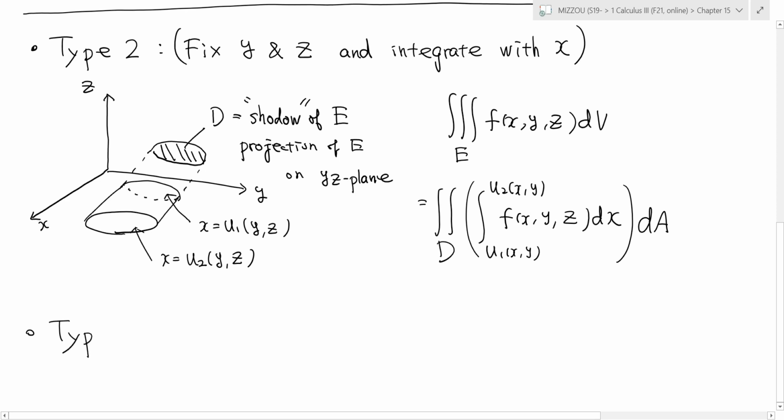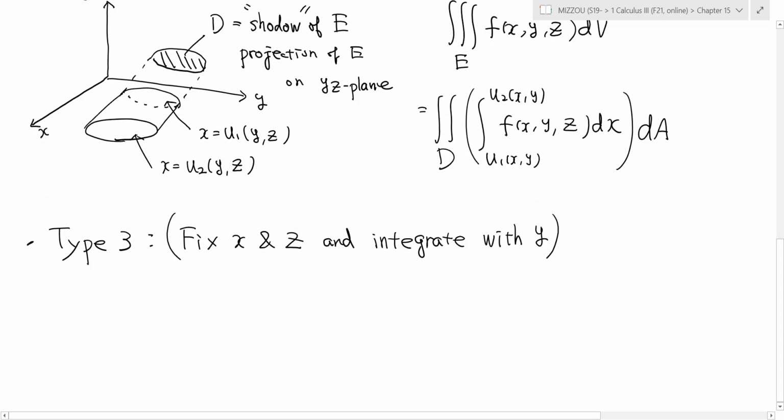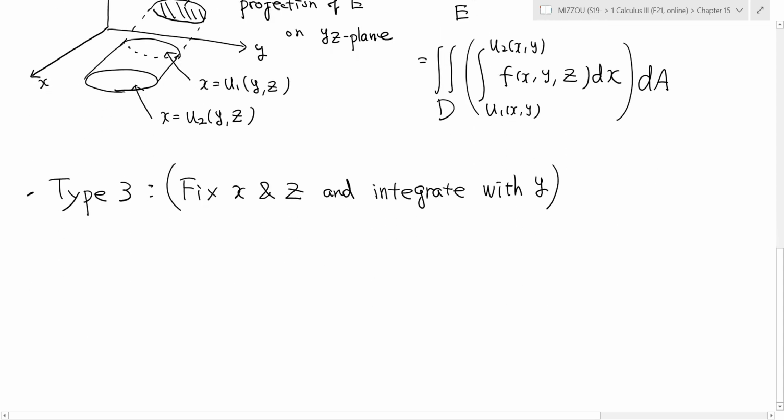And then finally, the type 3 scenario is when you fix x and z and integrate with y. So this is used when your solid looks like this.